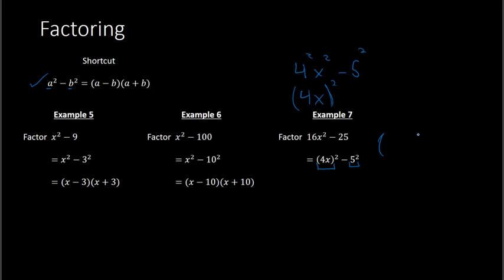So when I factor, I take the 4x and put it here and here, and the 5 goes there. Then one becomes plus, one becomes minus, so we have 4x plus 5 times 4x minus 5. And again, it doesn't matter which one is plus and which one is minus, as long as they are different signs.